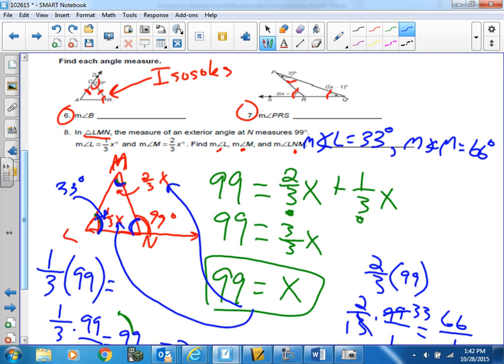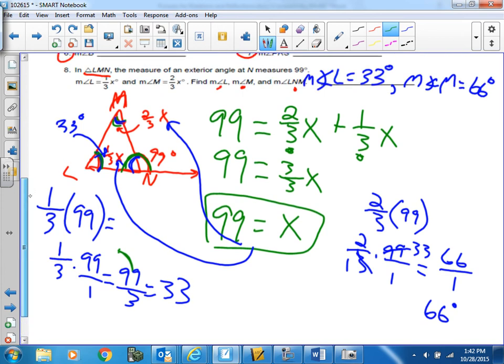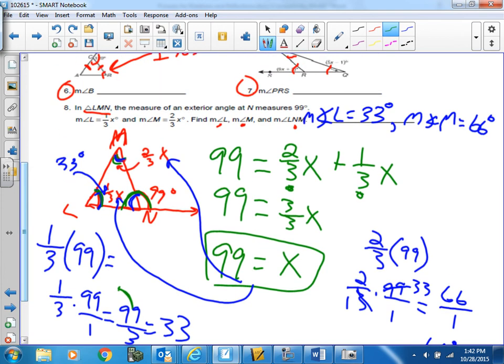And angle LNM. So a couple different ways we can do this one. We know that this angle I'm about to put in green and this angle add up to 180. That's one thing. Also, we know the interior angles all add up to 180. So either way, our LNM, which is this one, has to be 101, right?